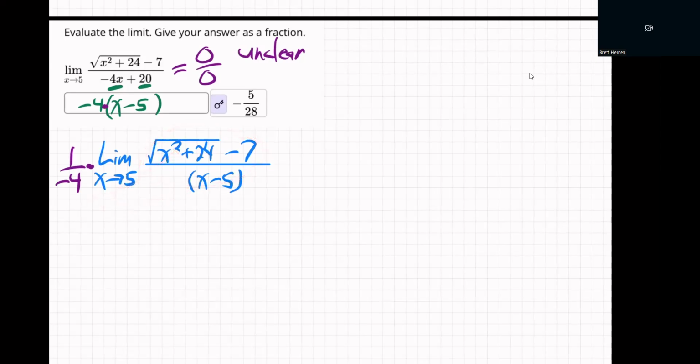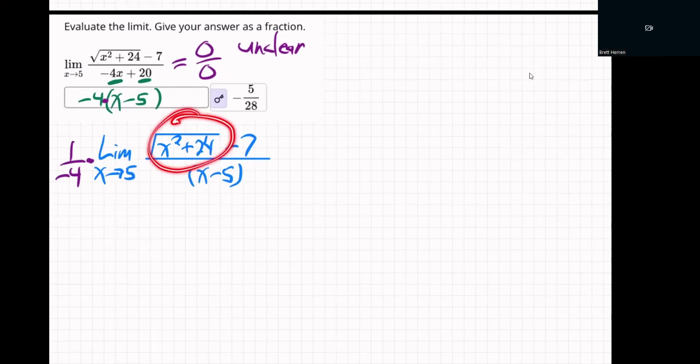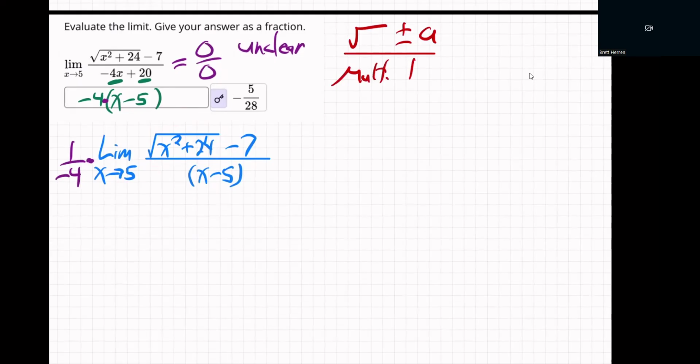Okay, now what do you want to do? What's got to jump off the screen for you is that square root. Whenever you see a square root, so whenever you have a root plus or minus a number, you want to multiply top and bottom by what's called the conjugate.